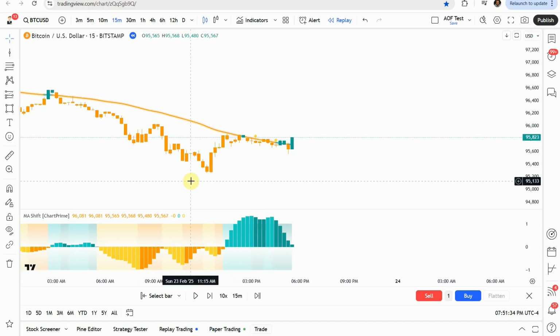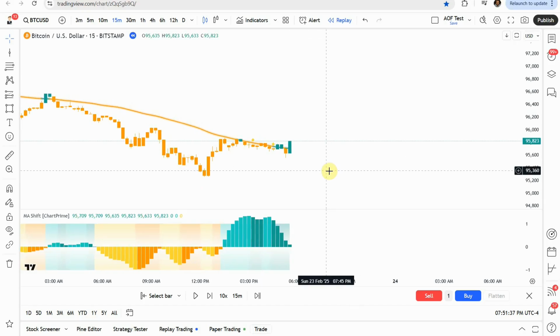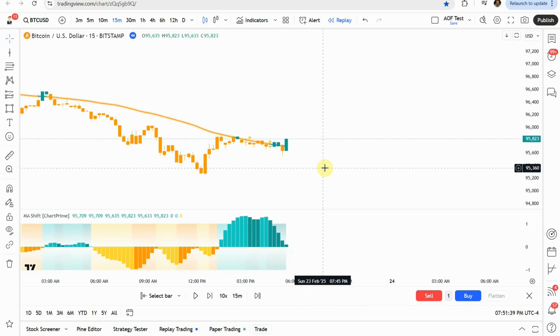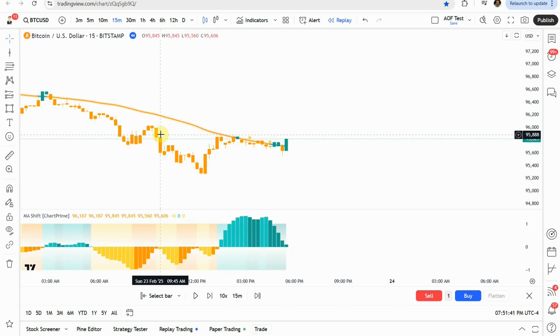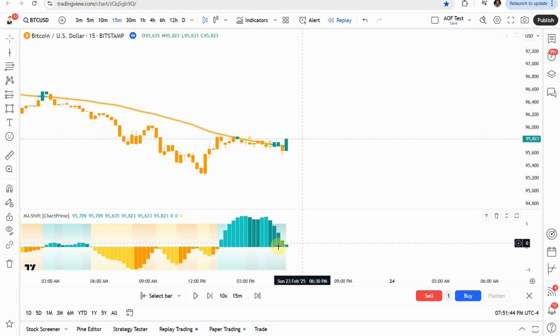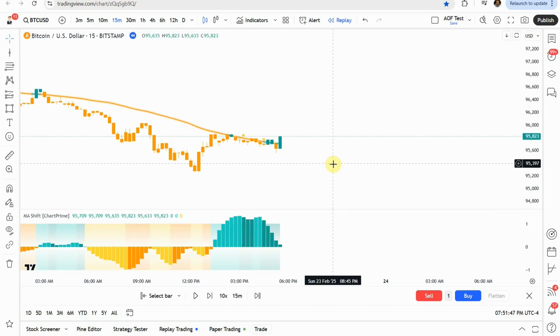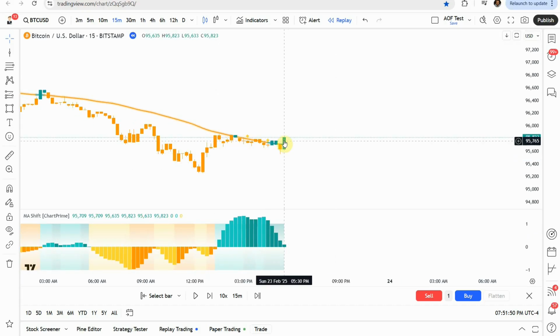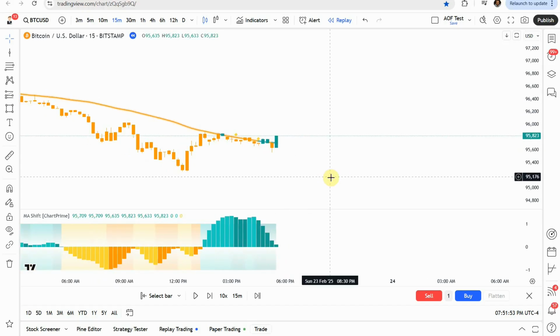What I did was look for entries using the moving average in conjunction with the histogram. I was looking for when both the histogram and the moving average lined up at the same time.